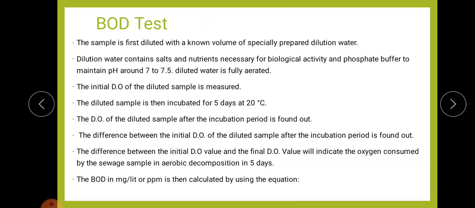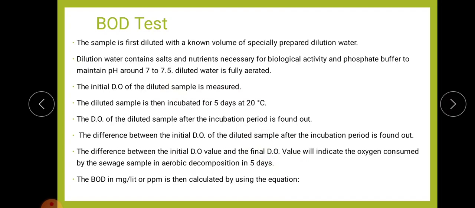The difference between the initial dissolved oxygen value and the final dissolved oxygen value indicates the oxygen consumed by the sewage sample in aerobic decomposition in 5 days. Is it clear?